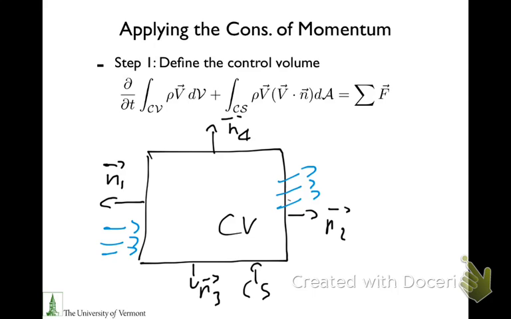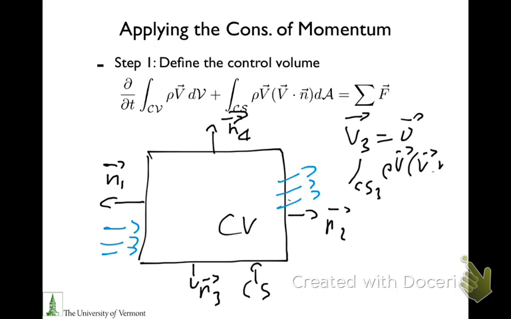N4. So let's say that the velocity is defined on surface 1 and surface 2. I want to choose surface 4 and 3 such that, for instance, V3 is equal to 0. That will vastly simplify my life when I have to calculate the integral over CS3 of rho V Vn dA.